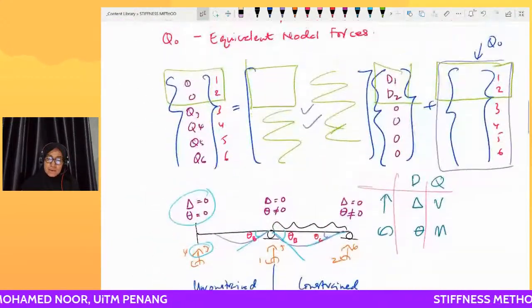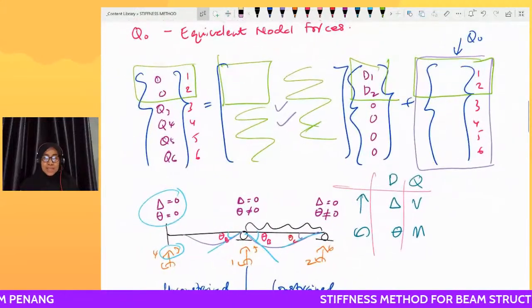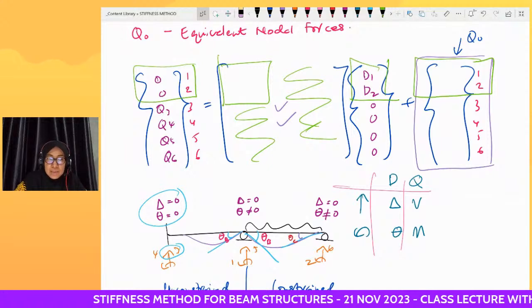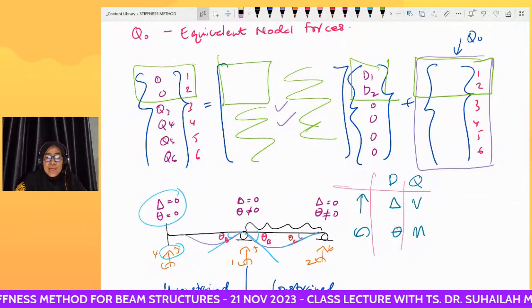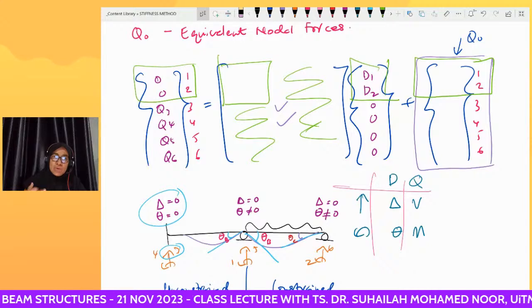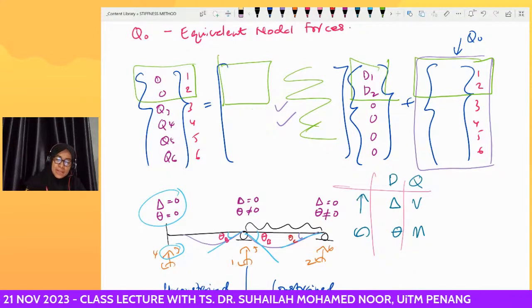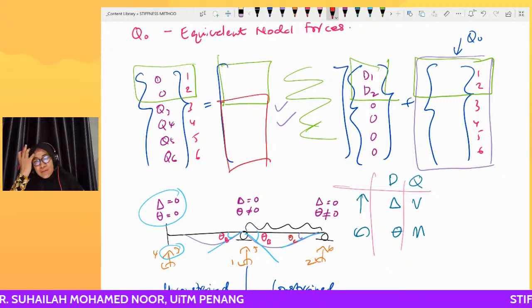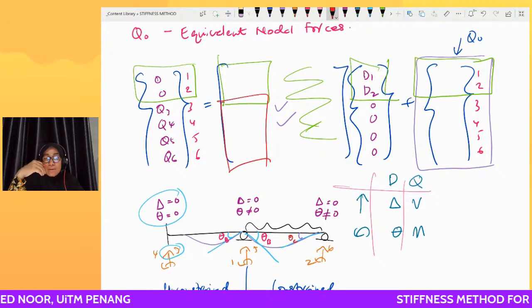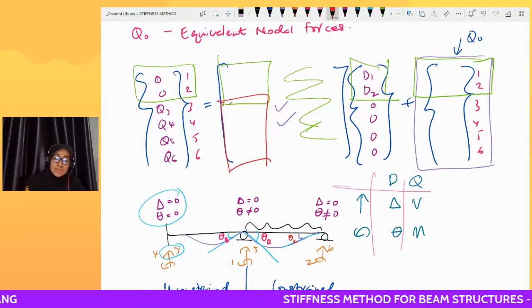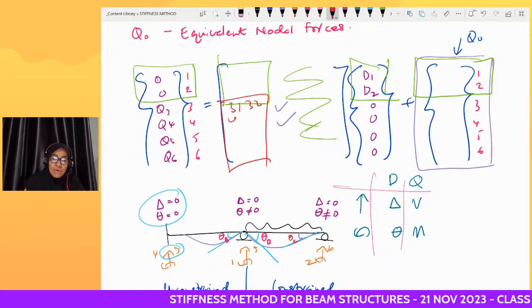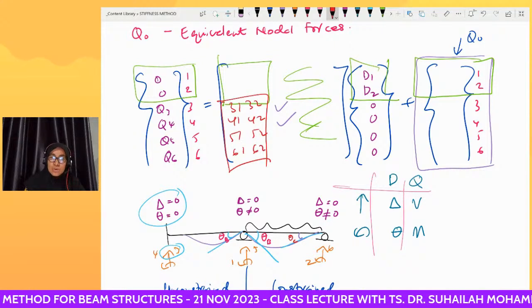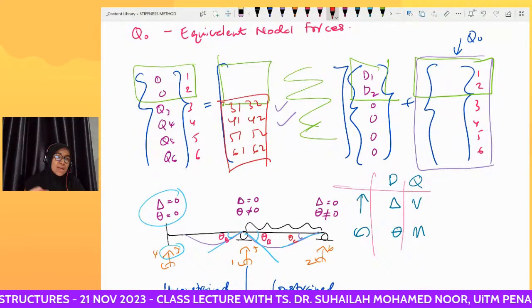That is why we must have this equation in full picture in mind. Because whenever we want to calculate Q3, 4, 5, 6, we want this part. So we have to know the position from K1 and K2, because here is 3,1, 3,2, 4,1, 4,2, 5,1, 5,2, 6,1, 6,2. So all these positions we can find from K1 and K2.